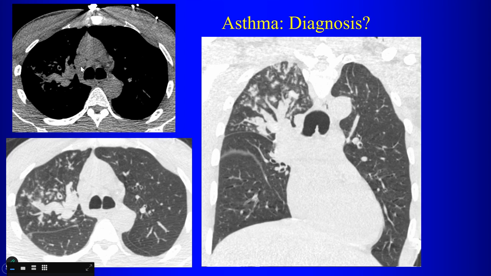What are the clues that this branching opacity is mucoid impaction, related to the airways as opposed to being vascular, because it is a non-contrast CT? What's the clue on the CT? I need to be thinking about airway disease here.